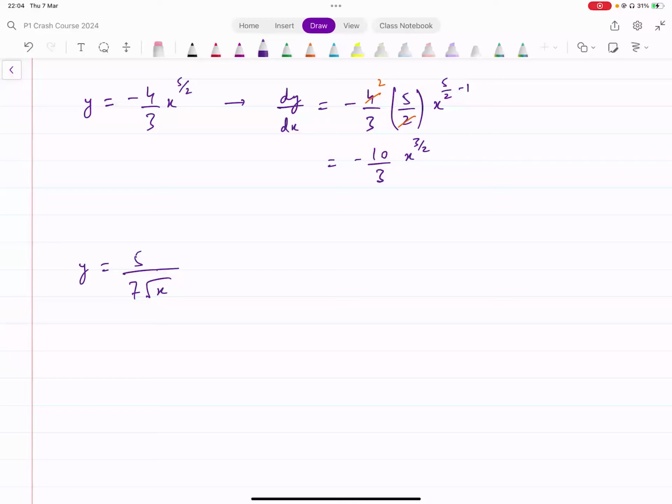Write down your answers in the chat box quickly. What's the derivative of this function, dy over dx? Does anyone have the result? Can I have your answers in the chat box?